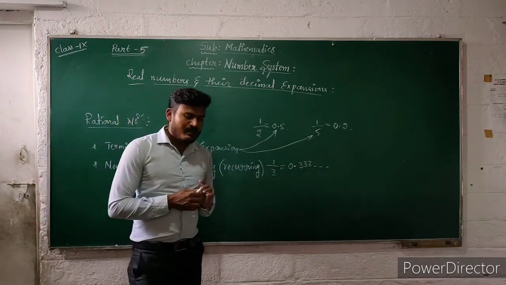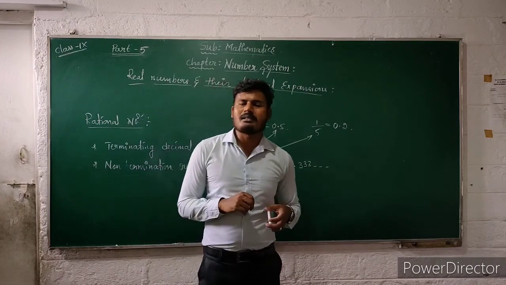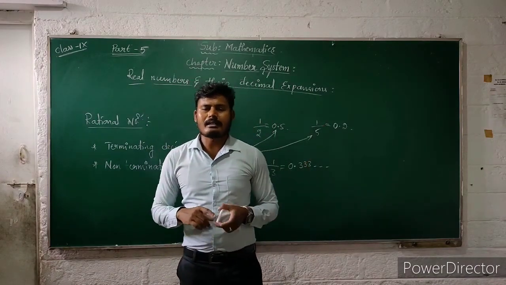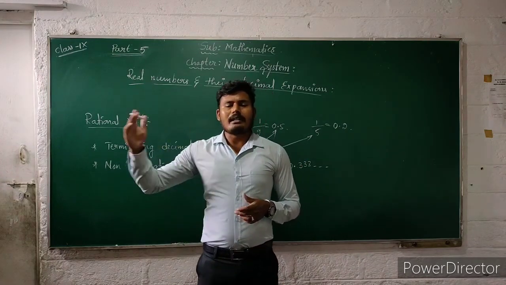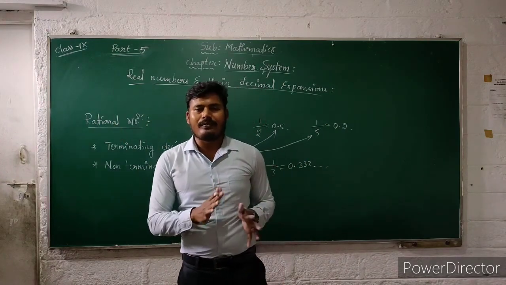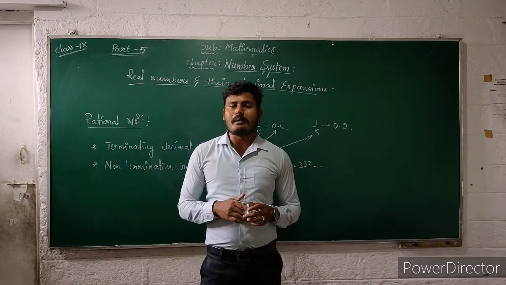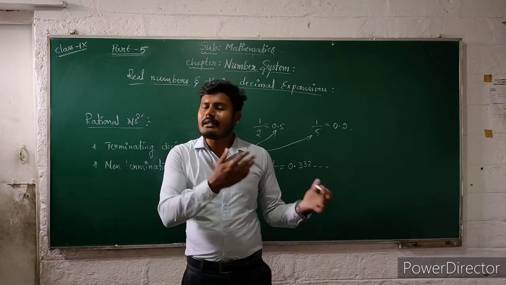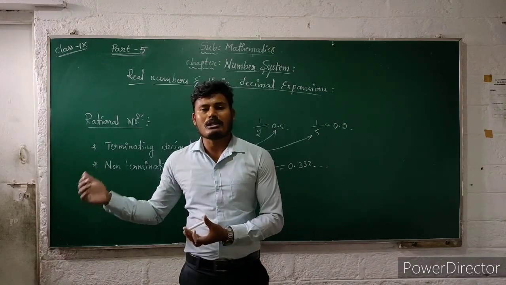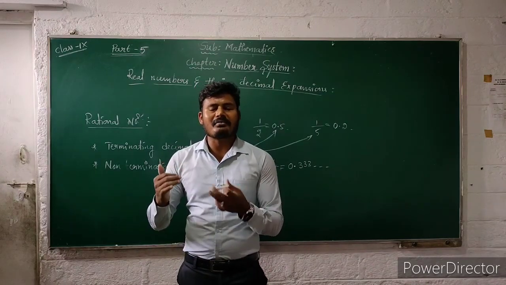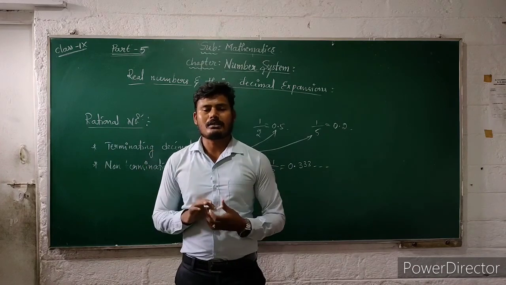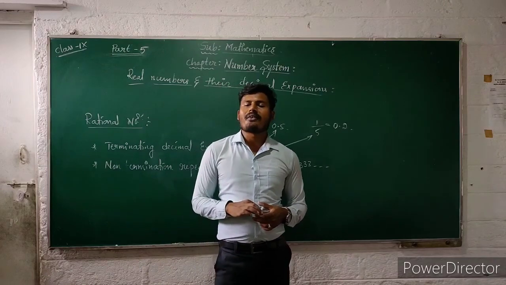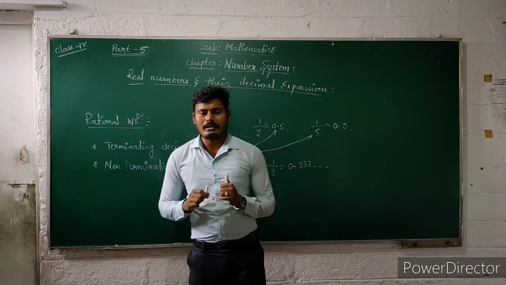So finally, there are two definitions of rational numbers. One was already learned in the previous class. A number R is said to be rational if and only if it can be written in the form p by q, where p and q are integers and q is not equal to 0. That is the basic definition of rational numbers. Here is another definition of rational numbers.